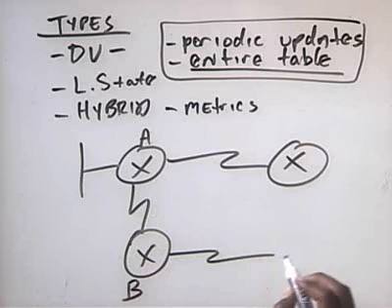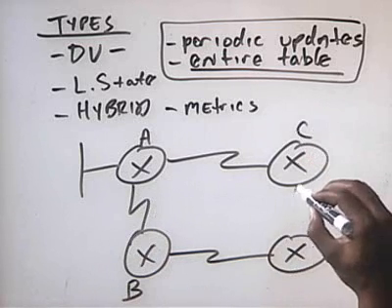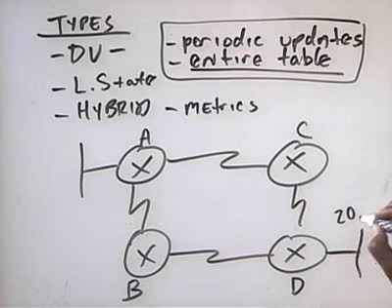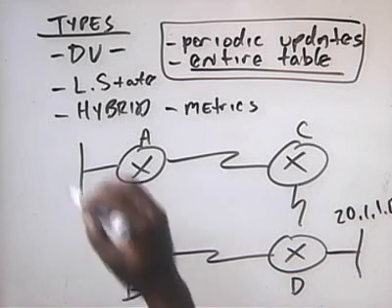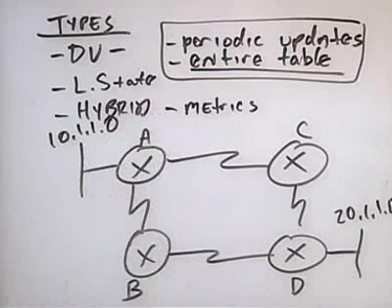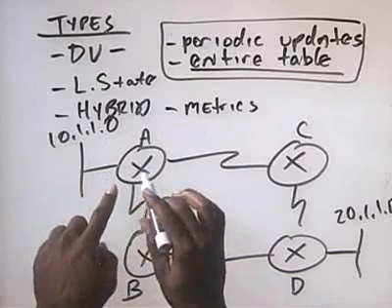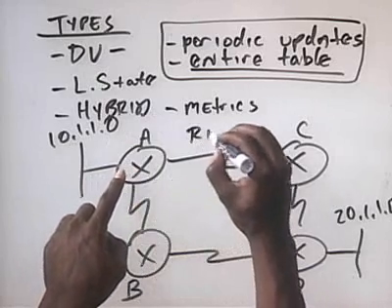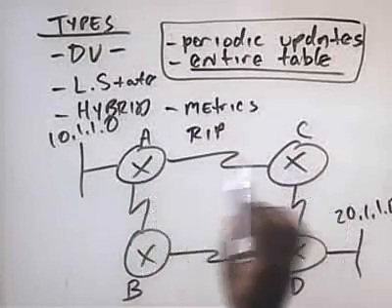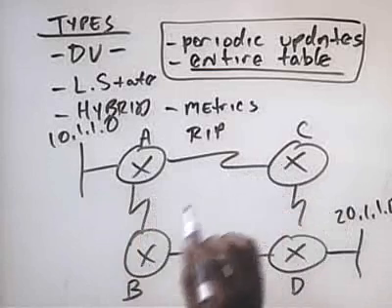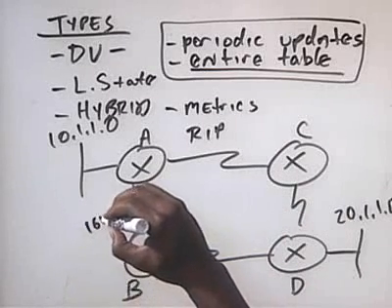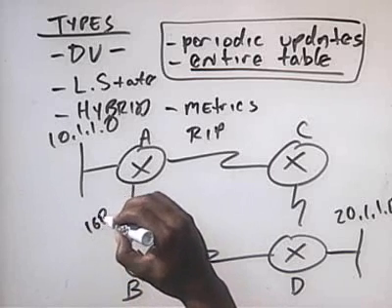Here's router B, C, and router D. We've got network 20.1.1.0, and over here we've got network 10. Router A has RIP operating here between router A and router C, and between router A and B, they're exchanging updates using IGRP.